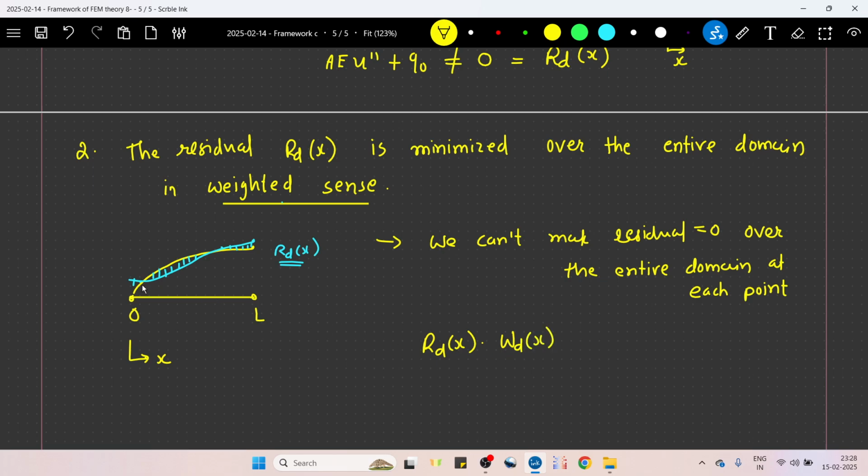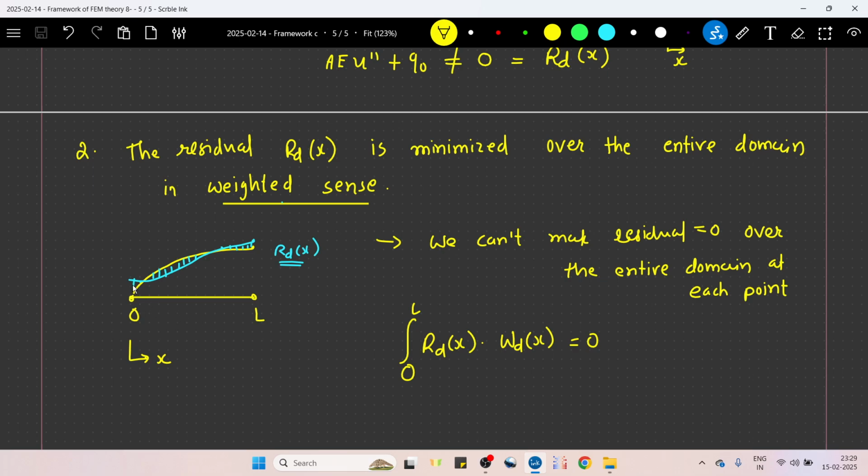A weighting function is nothing but a contribution, or a weightage at each point over the domain with respect to x. So we'll take some weighting function and multiply it with the error, and in this weighted average sense we will try to minimize it. So when we take the integral, we will make it zero in an average sense.